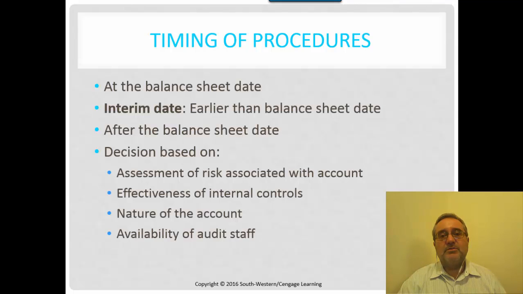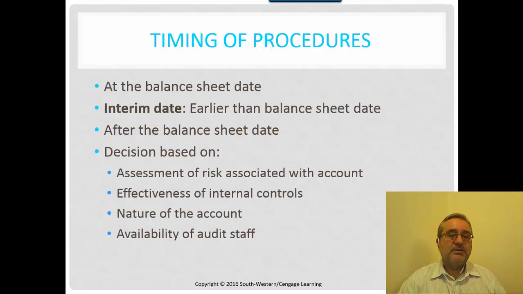Well, there are three periods within the audit that we're interested in. The interim period is earlier than the balance sheet date. So in other words, we may do testing before the balance sheet date.